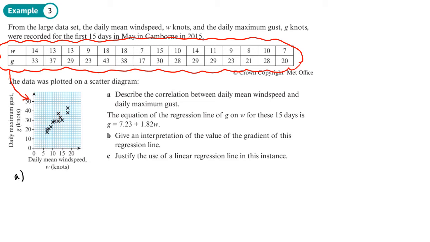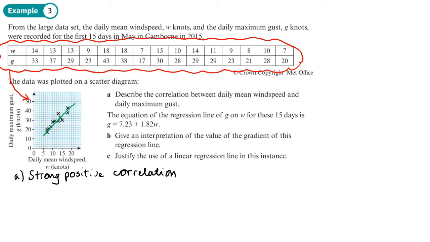Now, if I were to draw a line of best fit, can you see how close all of those crosses would be to my line of best fit? So I would say that this is a strong positive correlation. So that's my part A done.